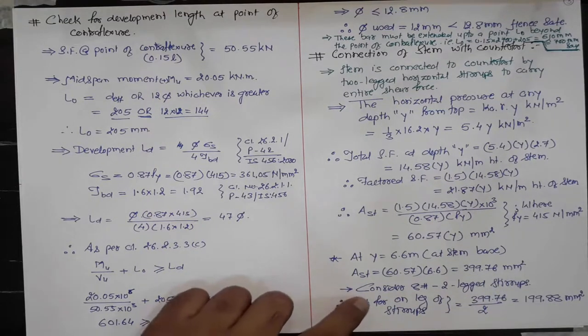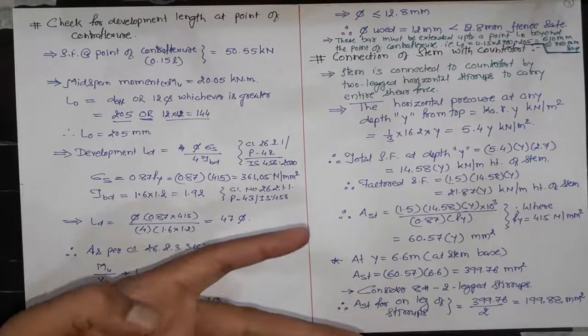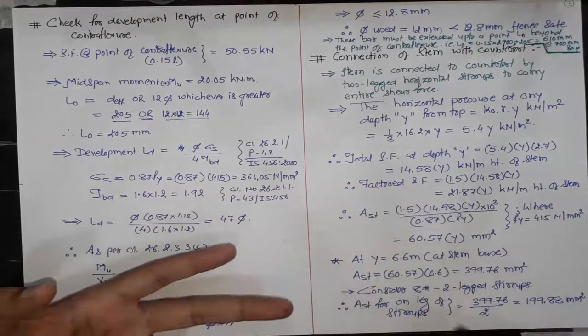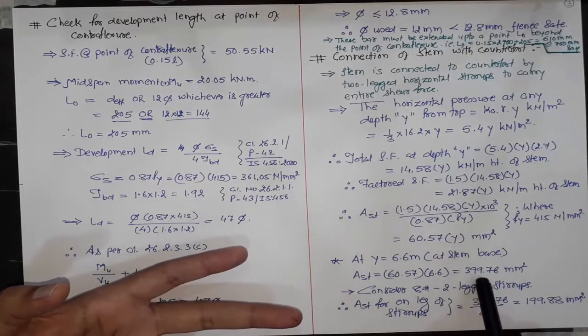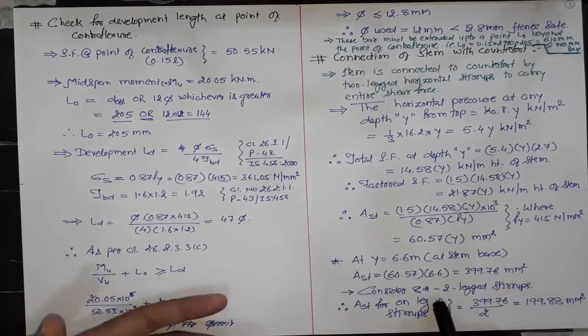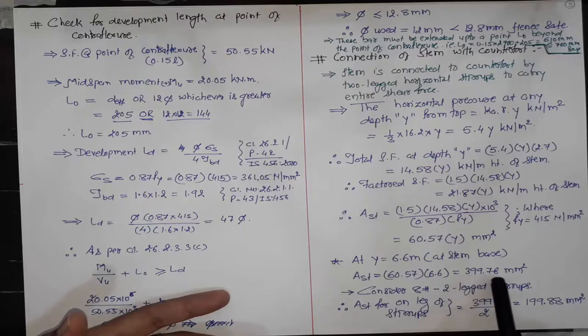As discussed earlier, we have a U-clip, meaning two-leg stirrups. The total steel requirement is 399.76 mm square. Therefore, Ast for one leg will be 399.76 divided by 2, equal to 199.88 mm square.